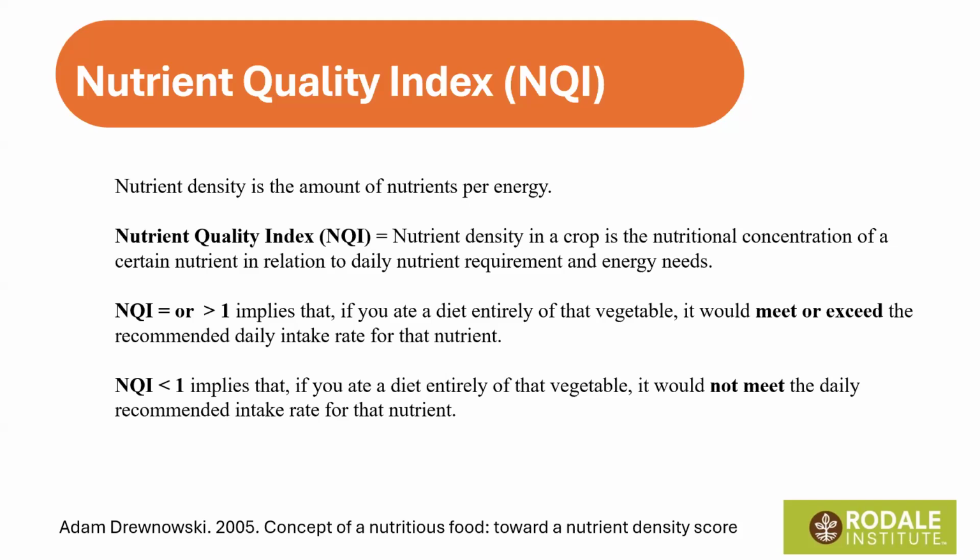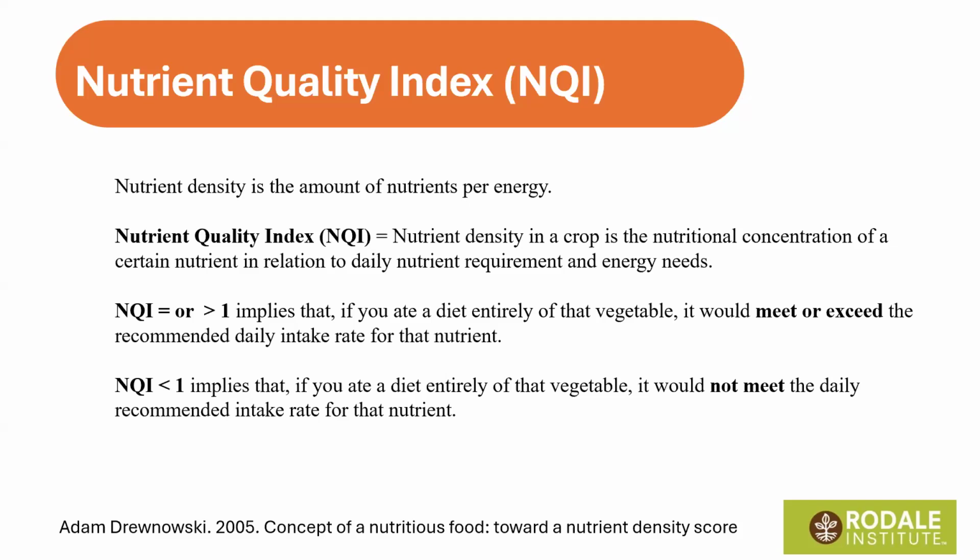If my food was only potato all day, and my requirement for potassium is 4,600 milligrams, I would put that number into the equation and see if the potato is providing enough potassium based on where it was grown.